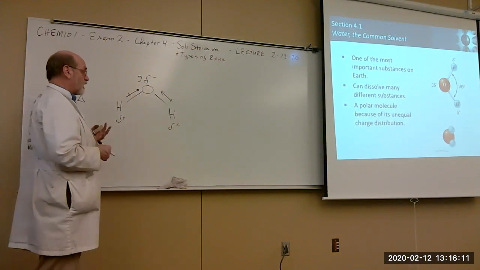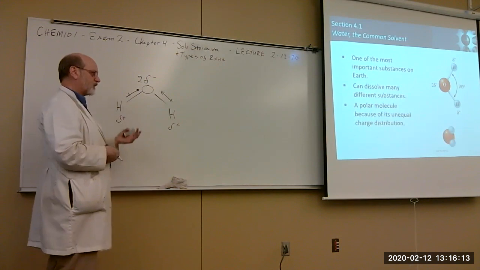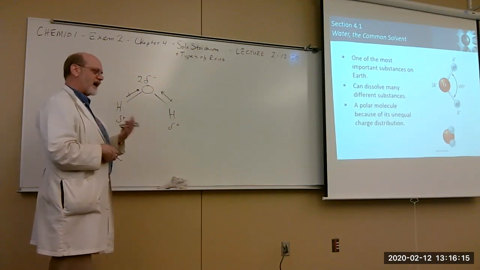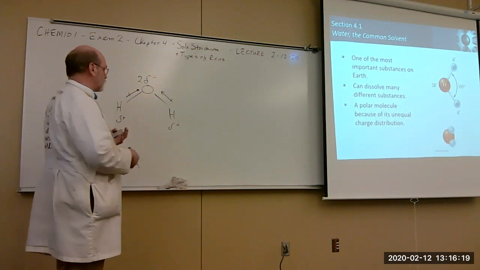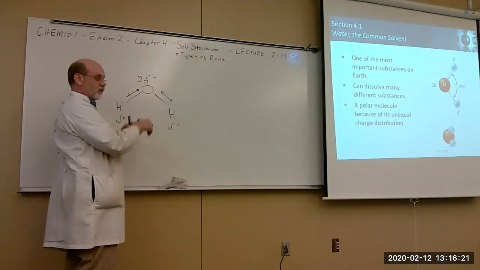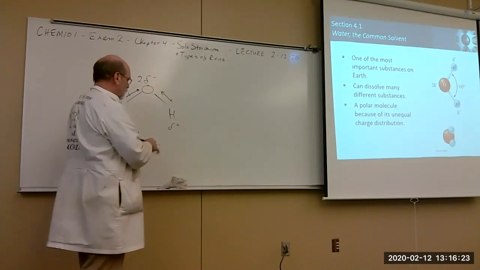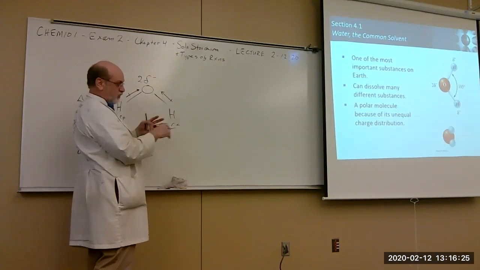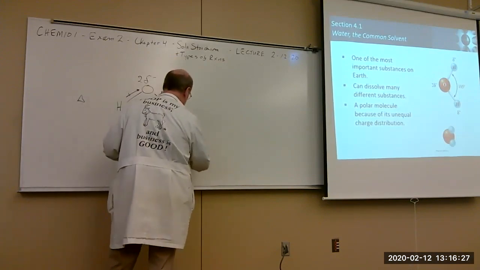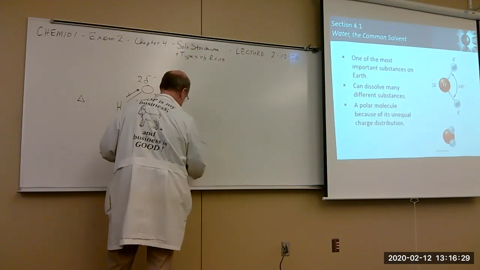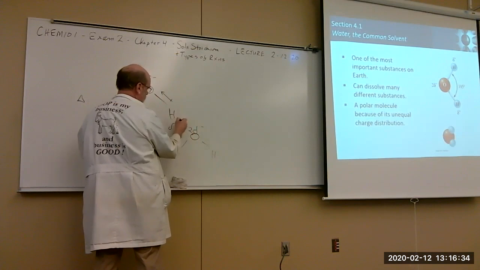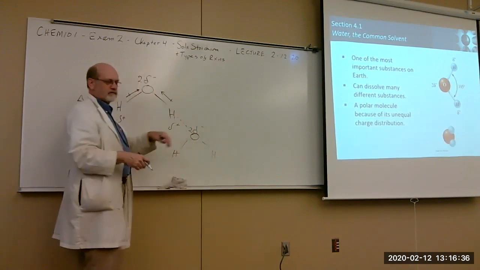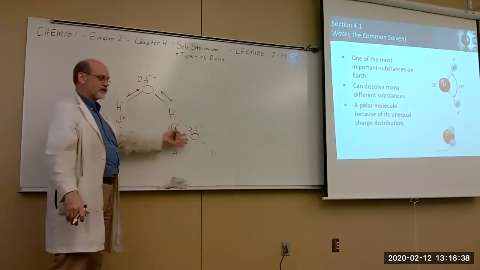And because of that polarity, it likes particularly either ionic or polar molecules. Any of the molecules that have a similar situation with an uneven distribution of charge will be attracted to one another. In pure water, you're going to have something like this. We know this one is slightly negative, so it makes a bond. This is actually a hydrogen bond.